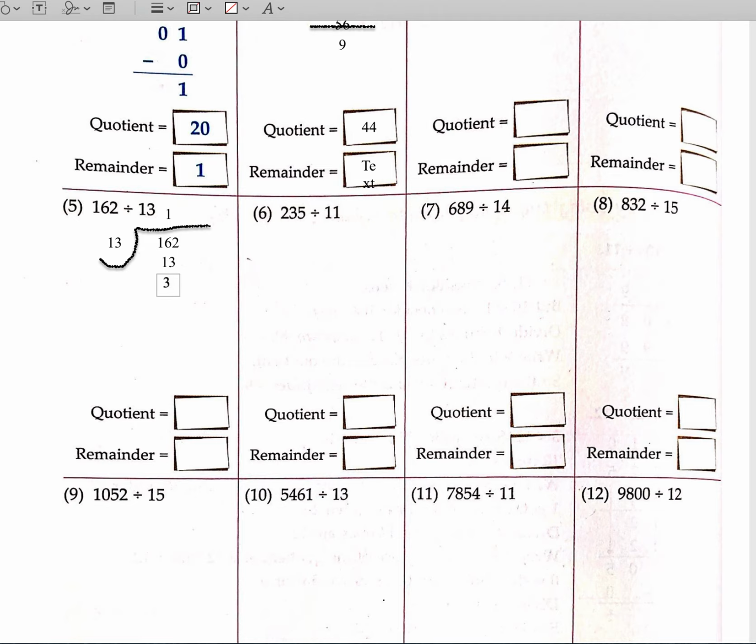And then we will bring down the next number, which is 2. So now we are left with 32, and we need to see which number goes exactly. So 13 into 1 is 13, and 13 into 2 is equal to 26, and 13 into 3 is equal to 39. And since 39 is bigger than 32, we will take 13 into 2, which is equal to 26.